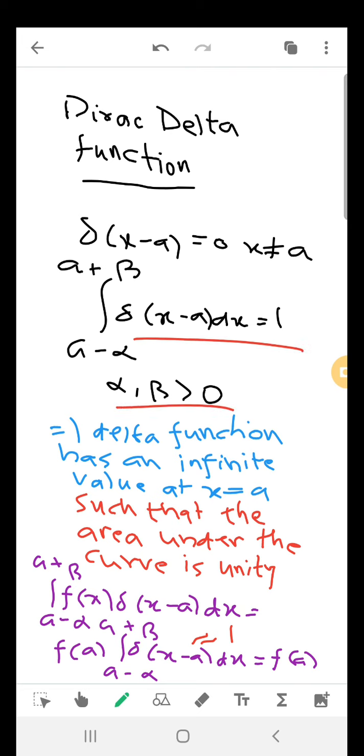So this is how you can also represent the delta function for any function f(x).